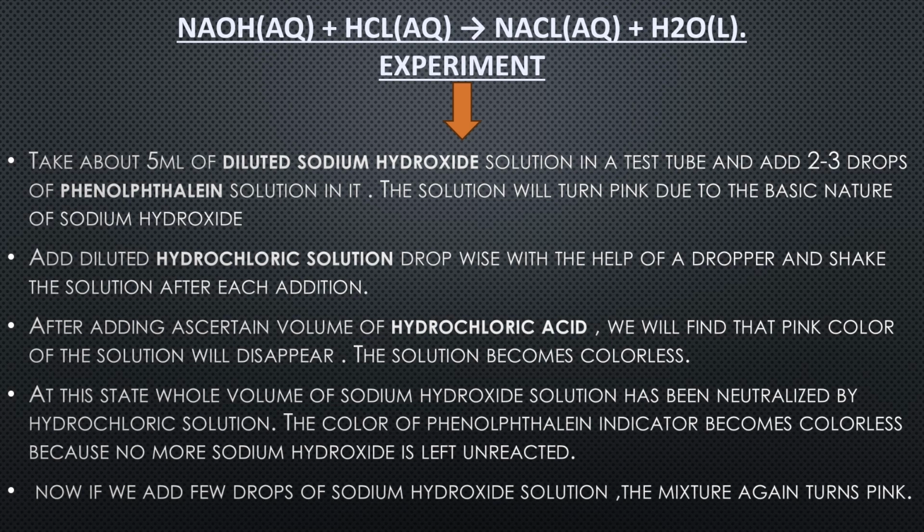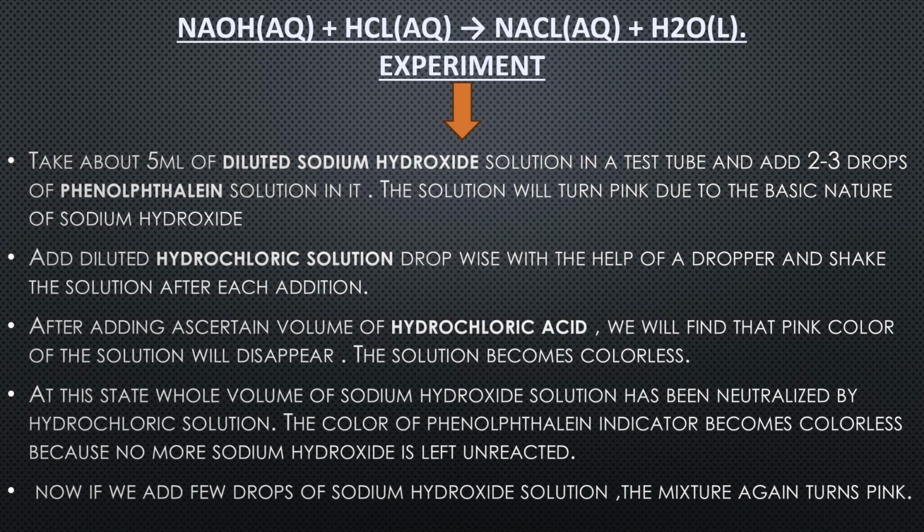Pink color of the solution will disappear. The solution becomes colorless. So by this, you can understand that the pink color disappearing means the basic nature of the base disappeared, means it is neutralized.